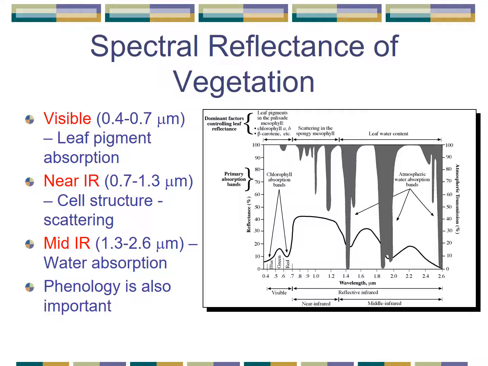Now, it's also important to know about the stages of the plant, because certain plants will be dominant and growing and active certain times of the year, and other times of the year they will not be. So you might know that corn should have, for example, a lesser response in the near infrared than maybe soybeans would.